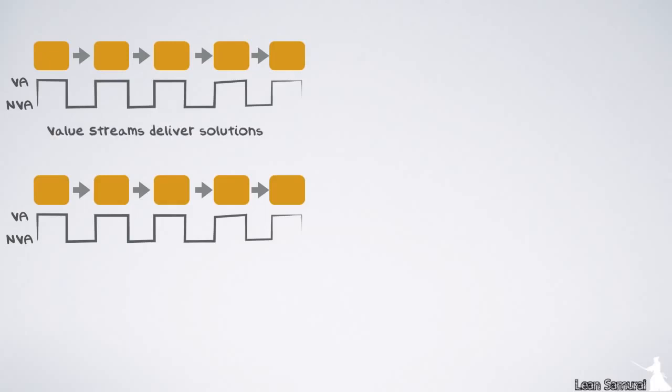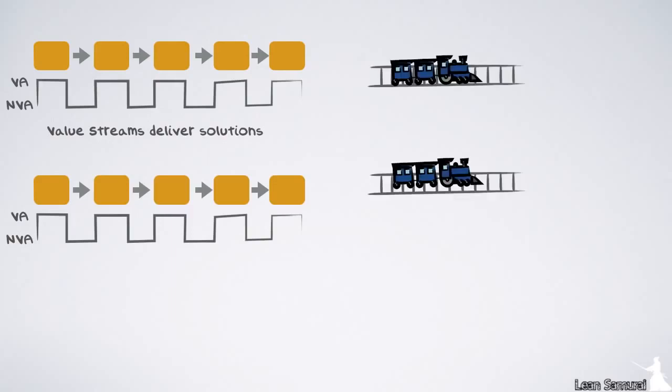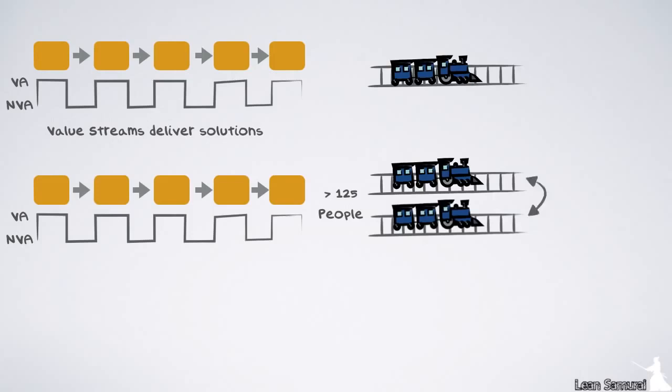Each value stream, in turn, is built of one or several ARTs, depending on its size. If a value stream is built of more than 125 people, it will need to be split into several ARTs working together. The ART coordination article explains how multiple trains in a single value stream coordinate their solution delivery efforts and how this might require value stream level roles.